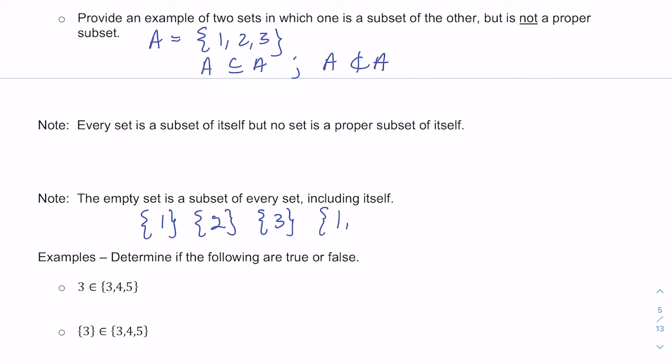You could also just have {1, 2}. You could look at {2, 3}. You could look at {1, 2, 3}, since every set is a subset of itself, and then also the empty set. And then I'm missing {1}, so {1, 3} also. There should be 8.